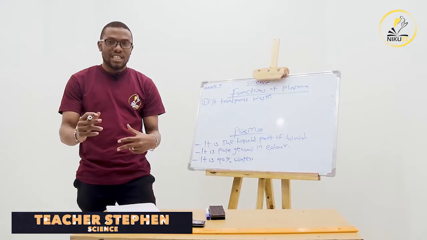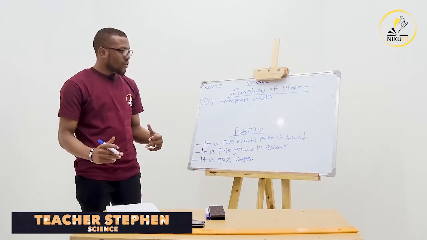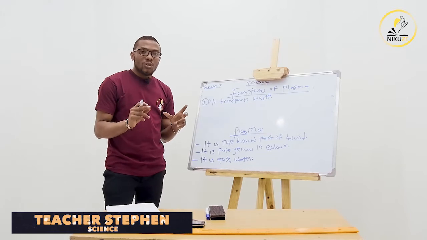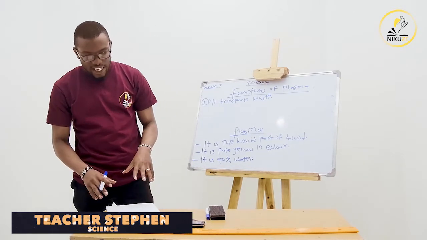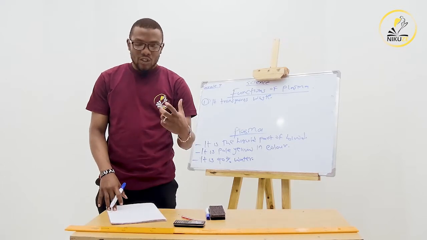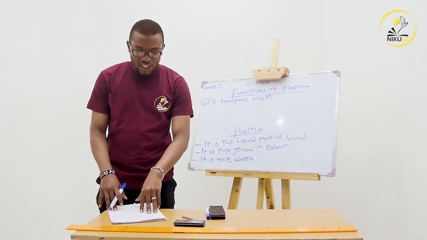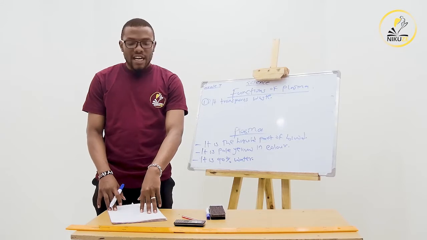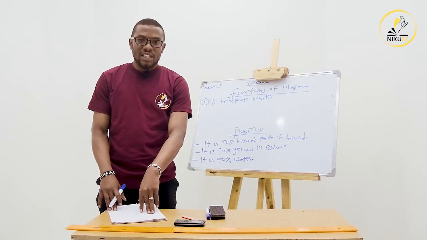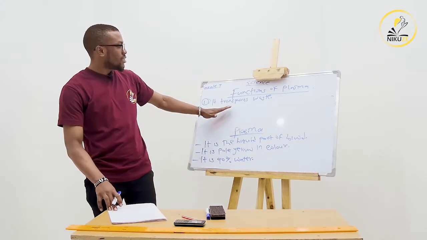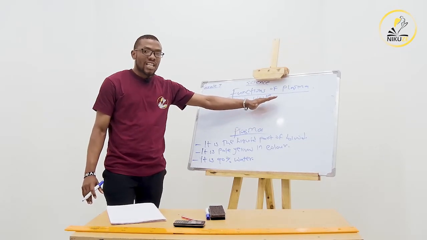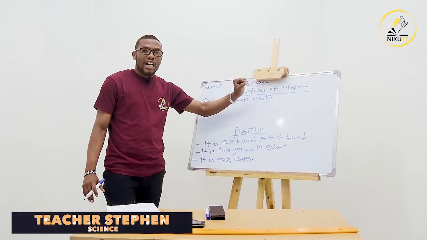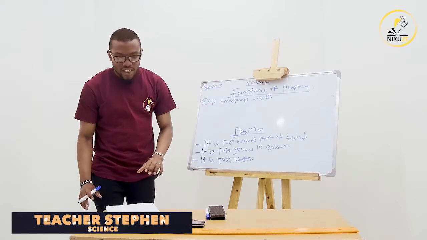So this carbon dioxide will be transported to the lungs as a waste, so that the blood can be cleaned and oxygen added to it. Take note of that, not oxygen. It is the carbon dioxide that is being removed as a waste.